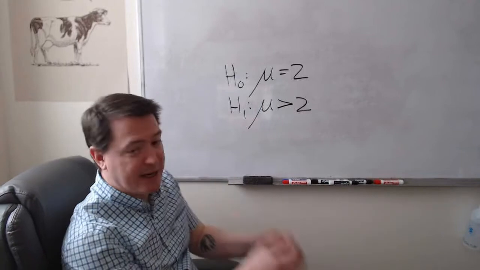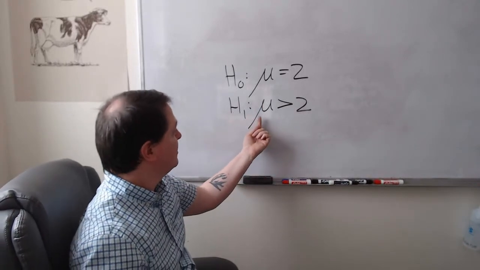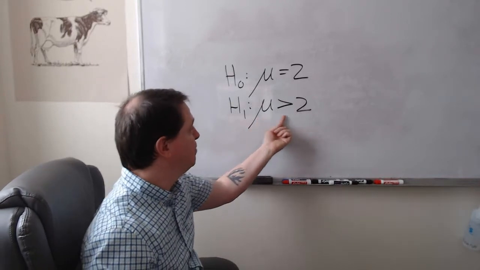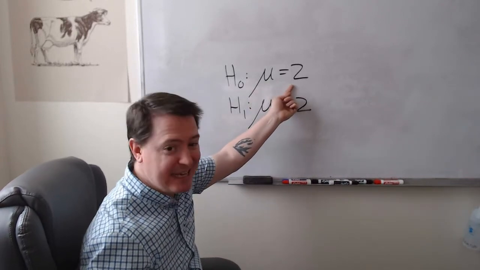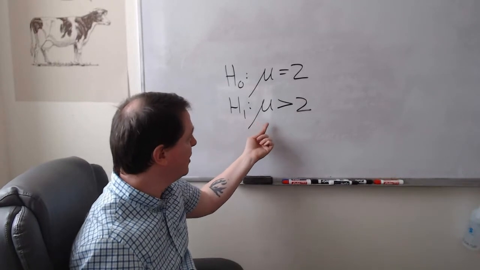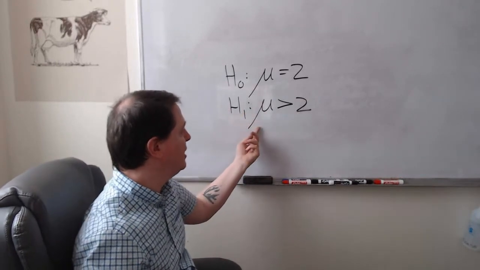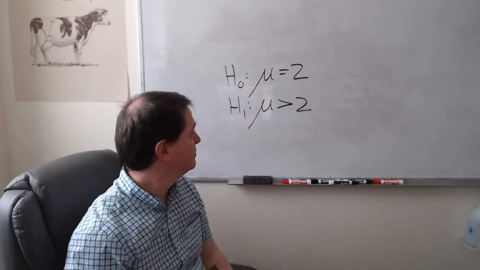So, in context, that means we decide that the mean time taken to graduate is more than 2 years when it actually is 2 years, when this is actually not true. All right, that's all that is. We decide the mean time taken to graduate is more than 2 years when that's not actually true.